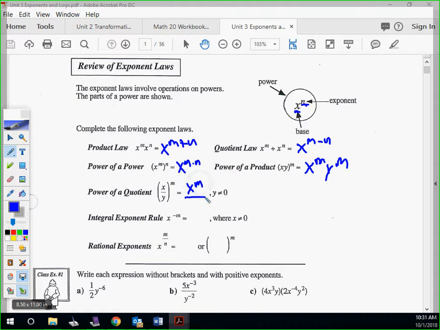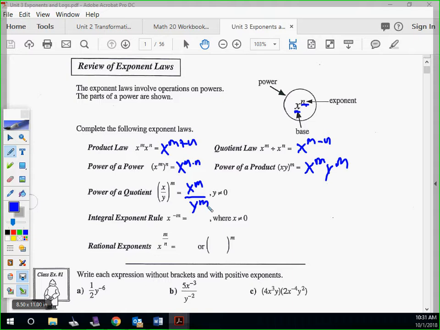Both, x^m over y^m. Mathematically it doesn't matter, but a lot of times they're talking about a variable over a number. But if it was 6 divided by 3, you would get the same answer either way. Does that make sense? So it's not really necessary.